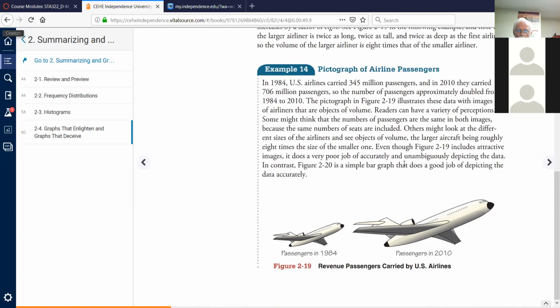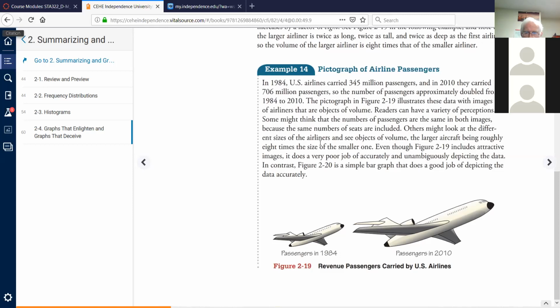So it about doubled. But this looks like much more than just double. If we look at the size here, it's at least triple. It doesn't do a great job of depicting the data.